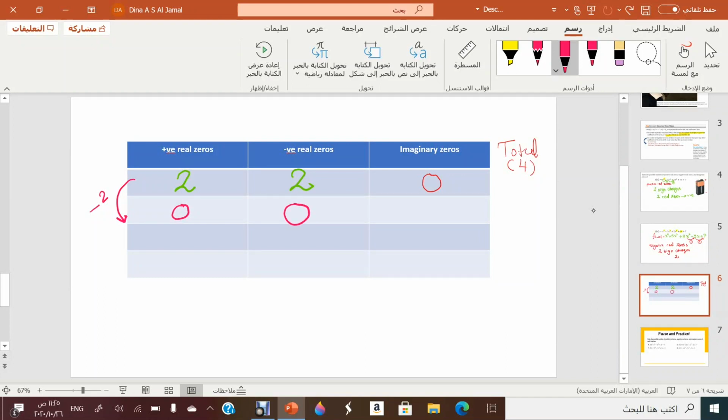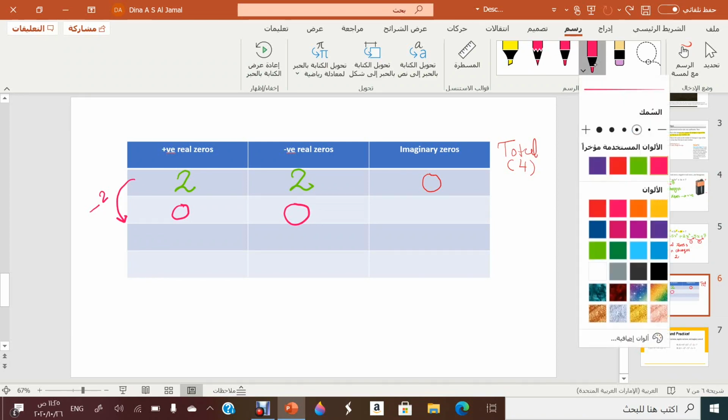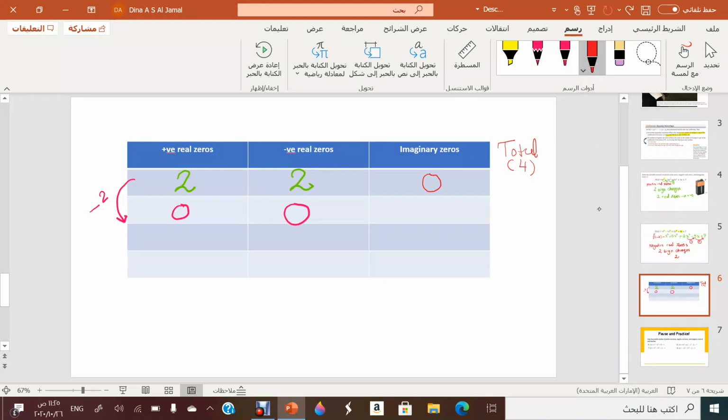This is the other case. Whenever we have 0 in both of the real zeros, what is the number that, added to them, gives me 4? Of course it is for the imaginary. And do not forget, in the previous video I told you that the imaginary zeros should always be an even number.